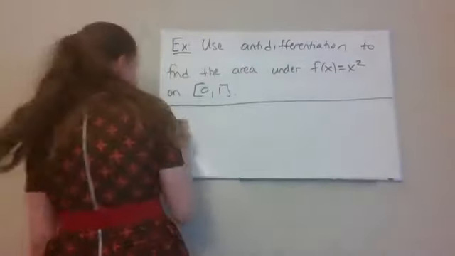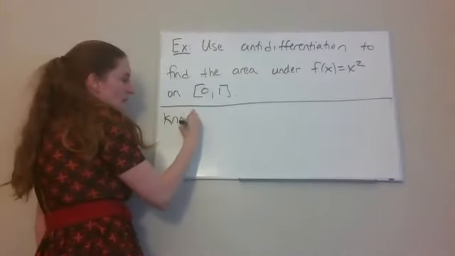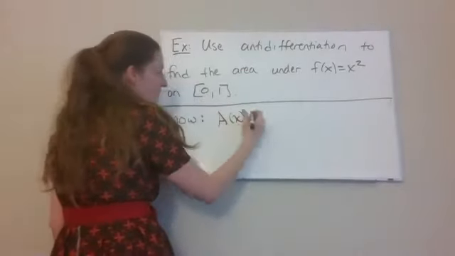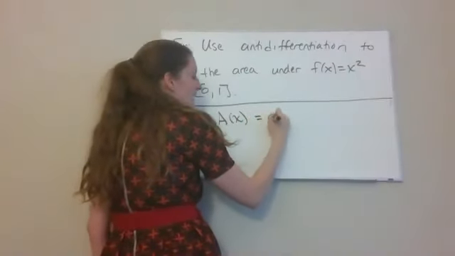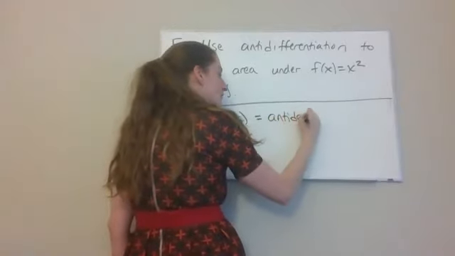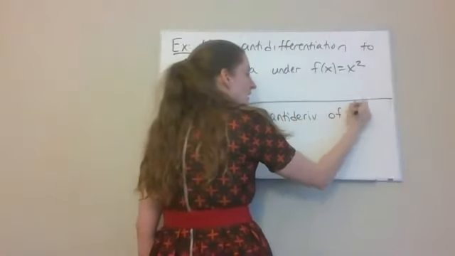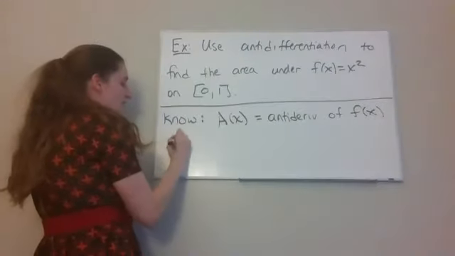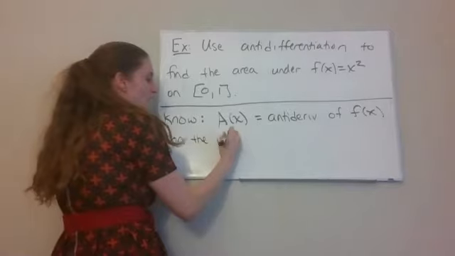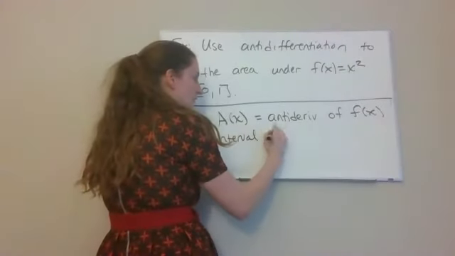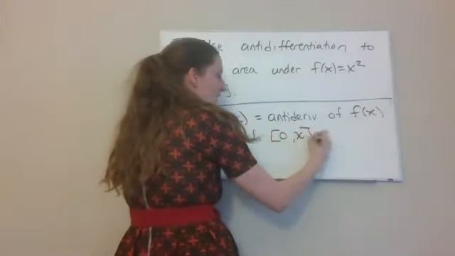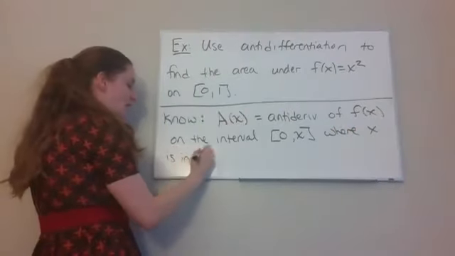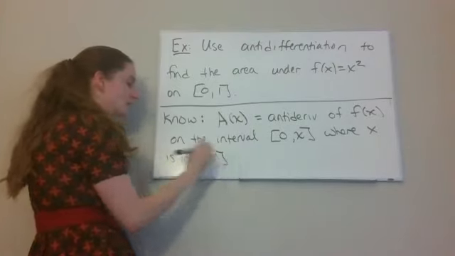Well, what do we know? We know that the area function is going to be equal to the antiderivative of f of x on the interval 0 to some x, where x is in the interval 0 to 1.